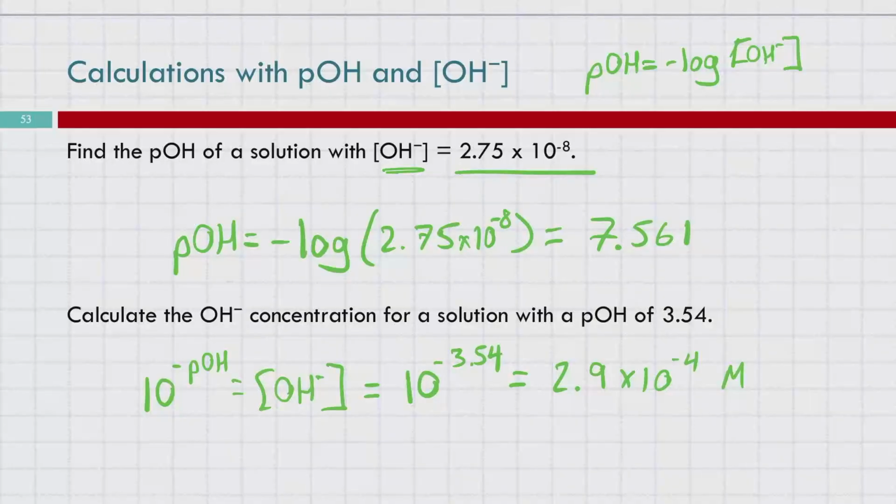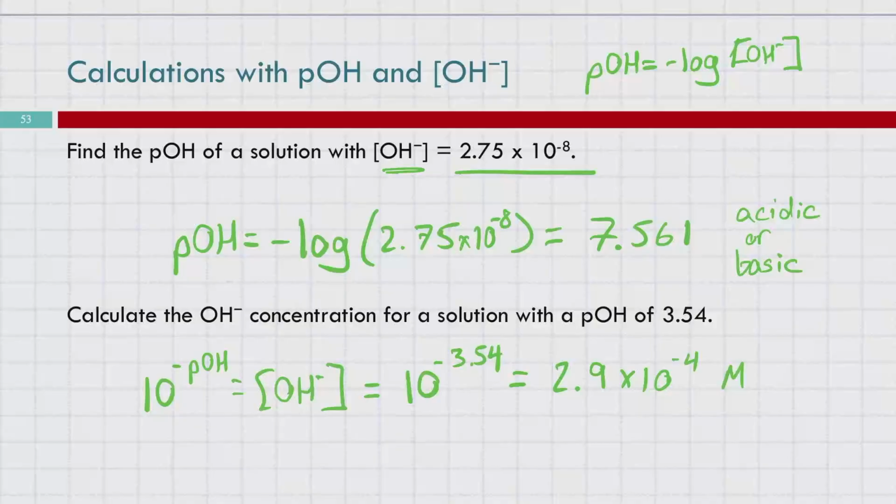The same checks apply, by the way, for pOH. This negative 8, 8 is close to 7.5 plus or minus 1. Probably didn't screw up. 3.54 close to 4 plus or minus 1. Probably didn't screw up. Bonus question. This solution, this top one with the pOH of 7.561, is this acidic or basic? It's acidic.